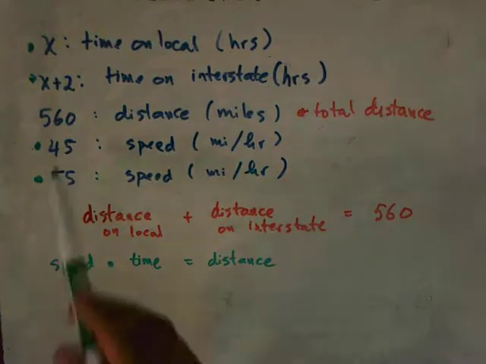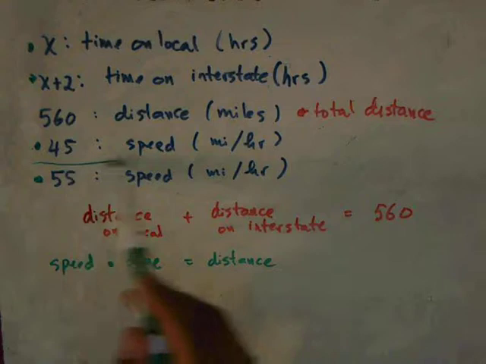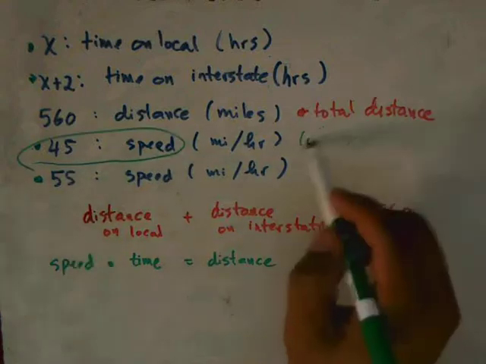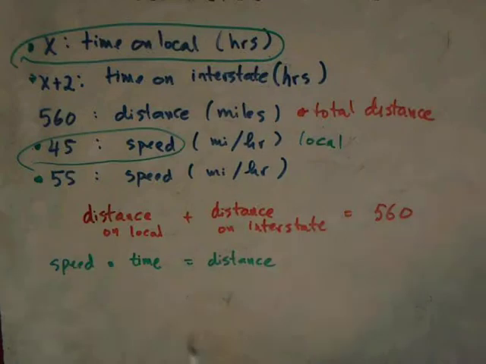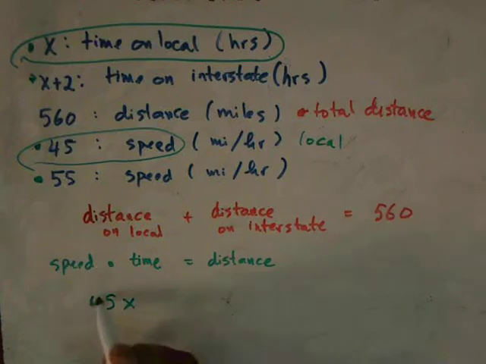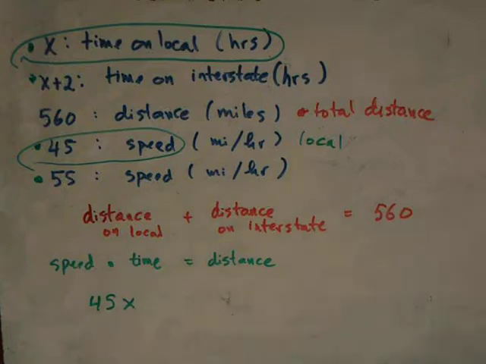So we can say that the speed on the local, multiplied by the time on the local, is equal to the distance on the local. So 45 times x, this 45x represents the total distance on the local roads. Let me use a different color here.